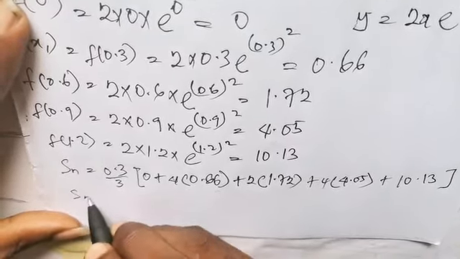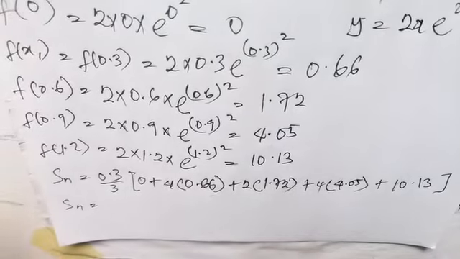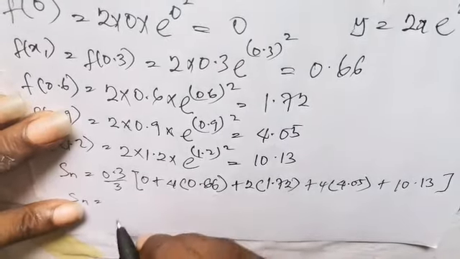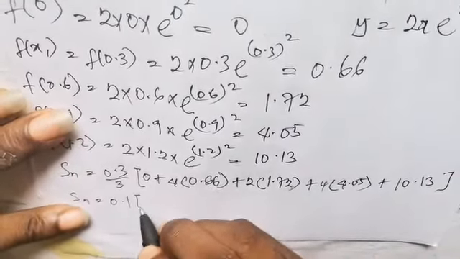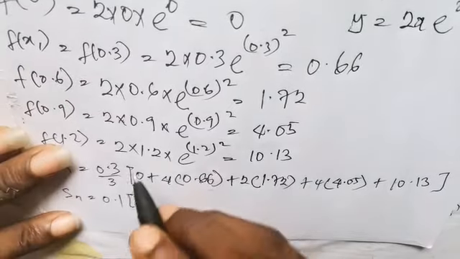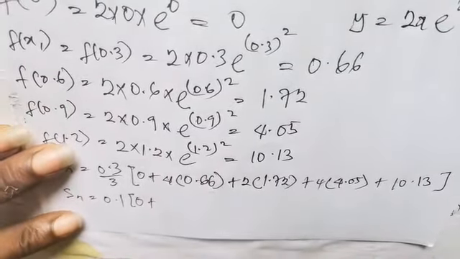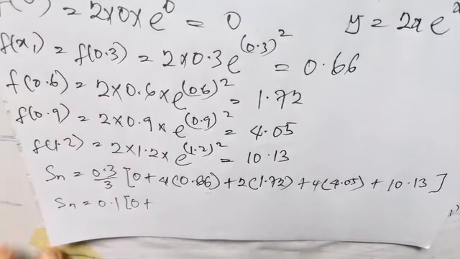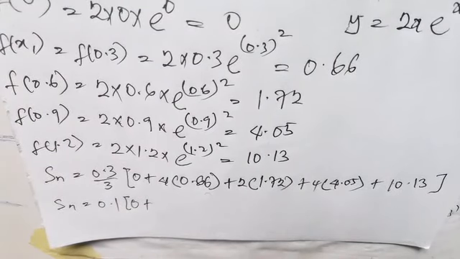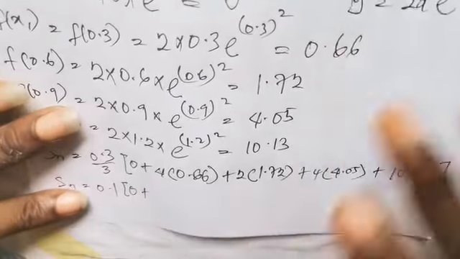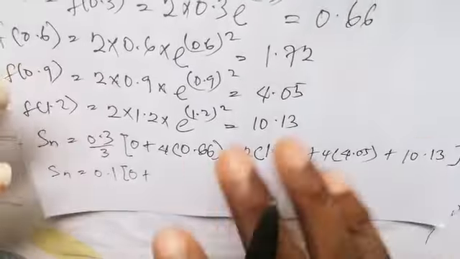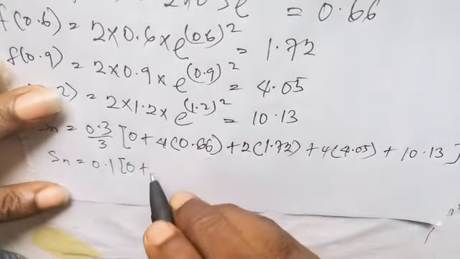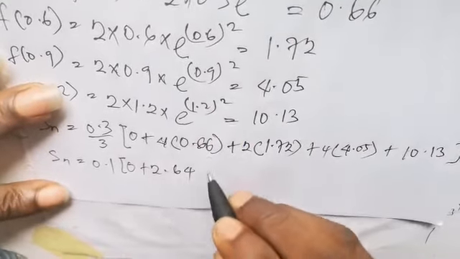So Sn is equal to 0.3 divided by 3, which gives 0.1, times 0 plus. Now 4 times 0.66 gives us 2.64, plus.